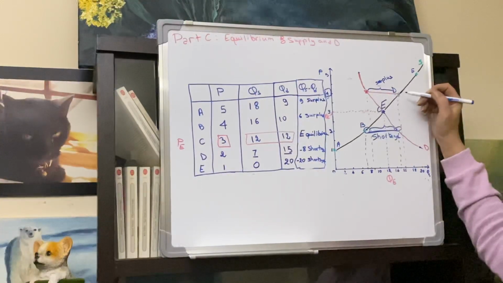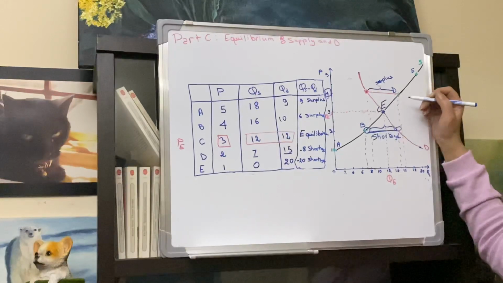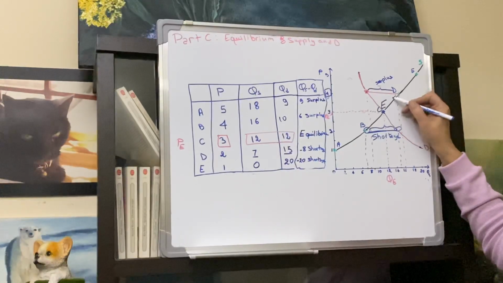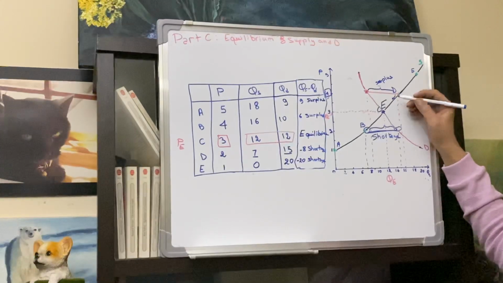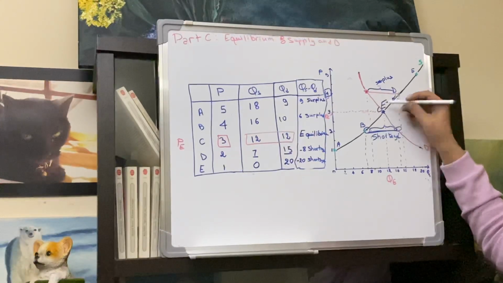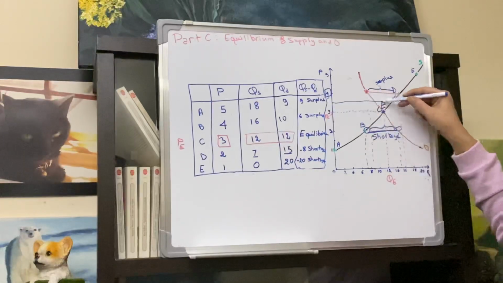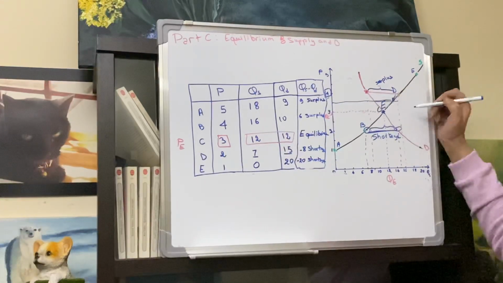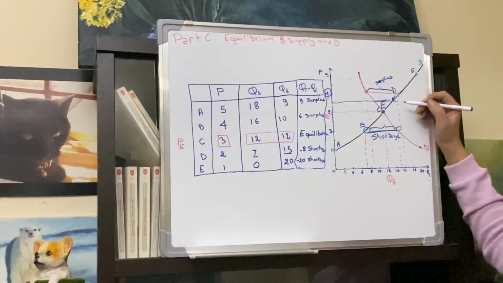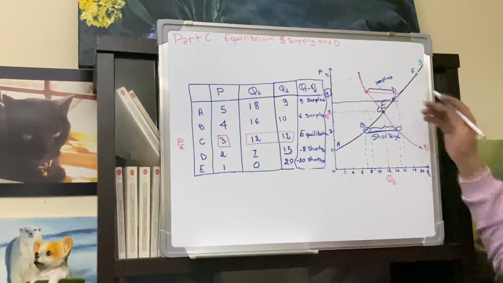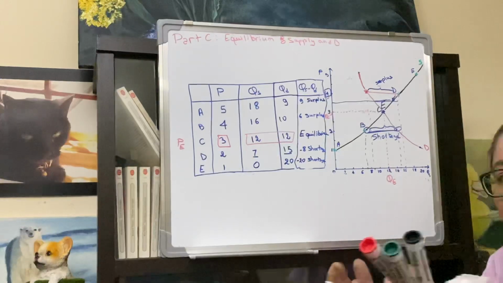So what is the supplier going to do to attract more people to buy? The supplier will decrease the price. Okay? So let's imagine they decrease it to here. Still a surplus. They have goods that they cannot sell.